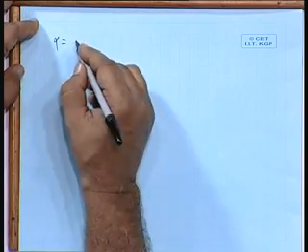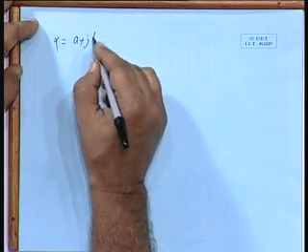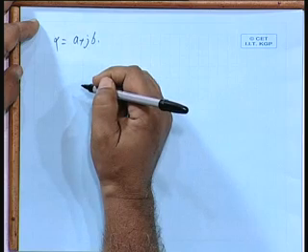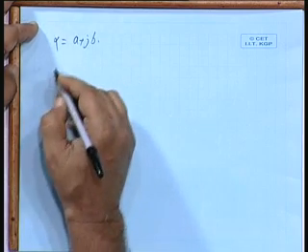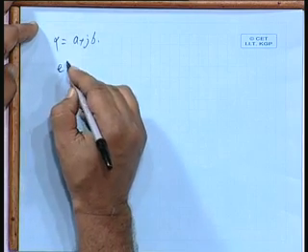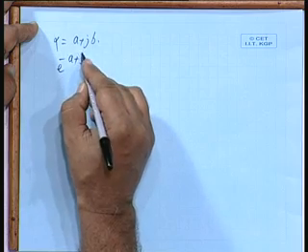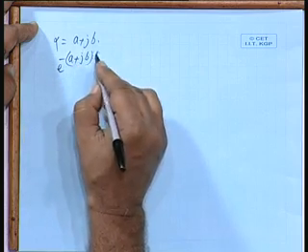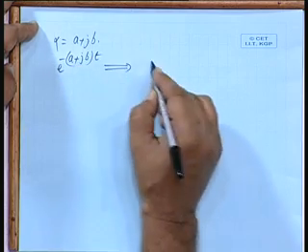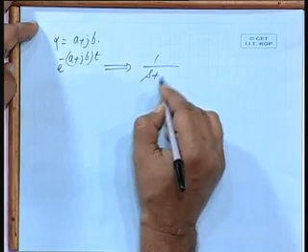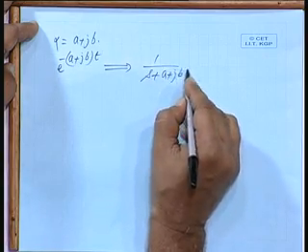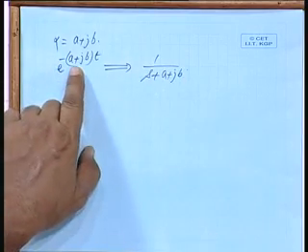Let us put alpha equal to a plus jb. Then e to the power minus a plus jb into t will have a Laplace transform of 1 by s plus a plus jb. I have just replaced alpha by a plus jb.